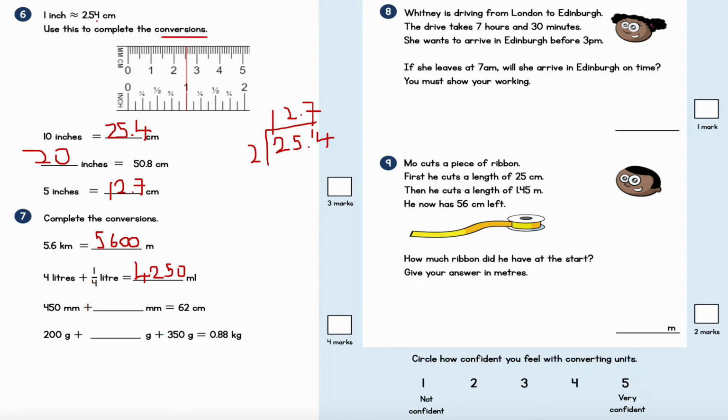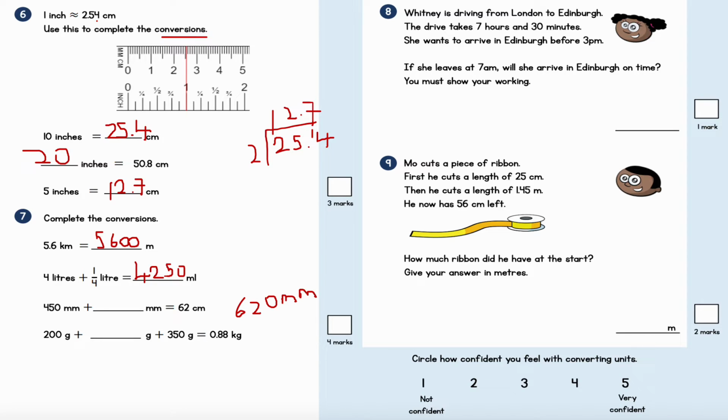Next one, 450 millimeters plus something millimeters equals 62 centimeters. 62 centimeters, same as saying 620 millimeters. Okay, 450 plus something is 620.